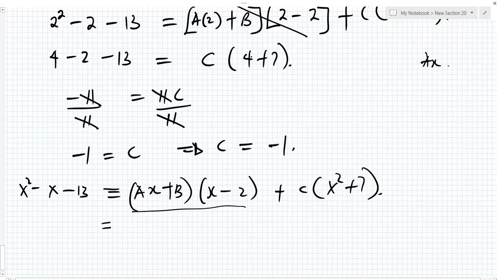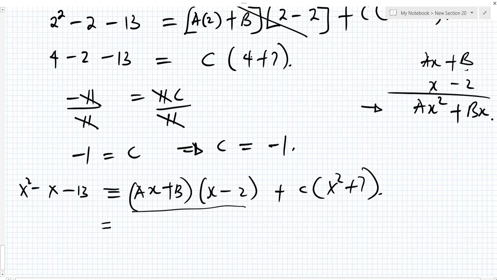you just say (ax + b) times (x minus 2). So the first expression is multiplying this with x, so you have ax squared plus bx. The first one is using this to multiply the whole of this.